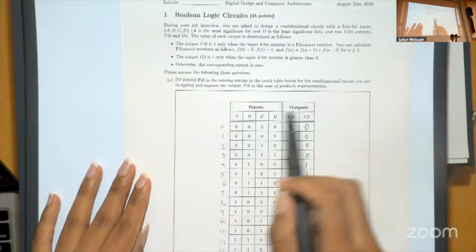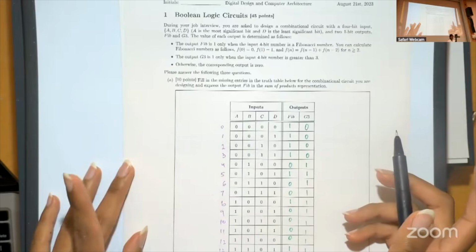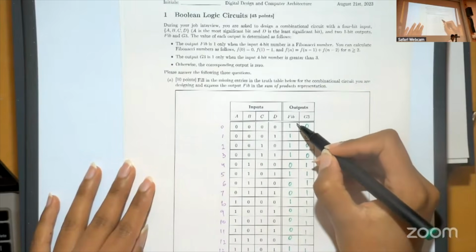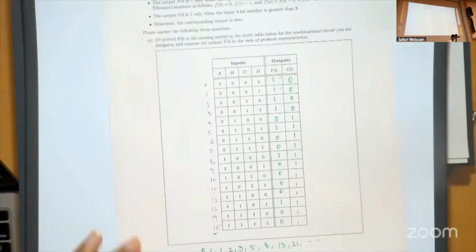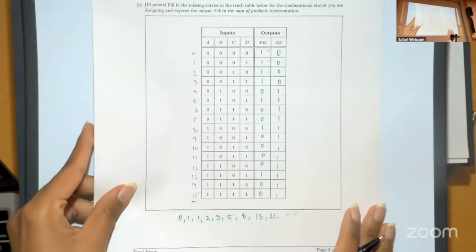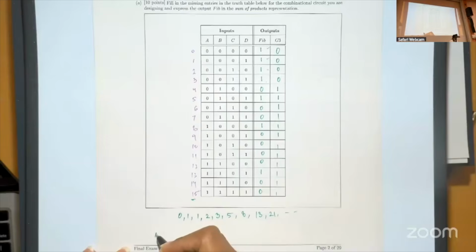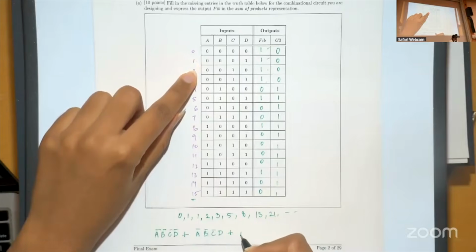And also you are asked to express the output fib in the sum of products representation. So for the sum of products representation, you will pick all the 1 output bits. So you can write it as, A bar, B bar, C bar, D bar for the first one. And then here, A bar, B bar, C bar, D. A bar, B bar, C, D bar.